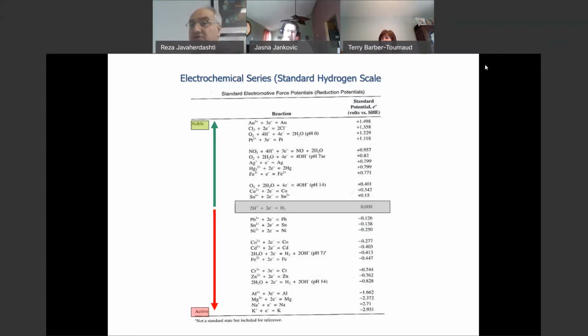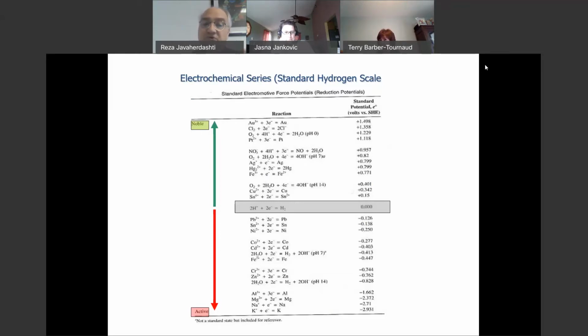This means that gold will not corrode. And below this 0, you will see a lot of reactions with negative potentials. This means that these are very, very active, and therefore they can be corroded easily, and we can refer to them as anodes.